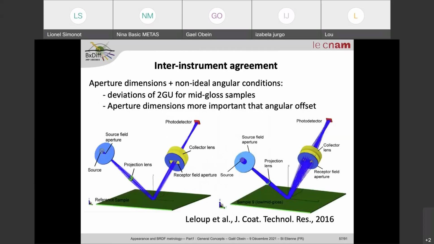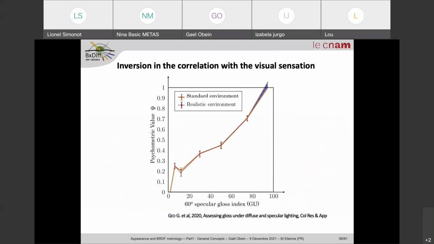It comes mainly because the rectangular apertures are too large, and in the standard, the definition of the tolerance on the aperture is made in a way that even if you do your best as an industrial and you respect the tolerance, it can give, as shown by simulation, a difference of 2 gloss units already in the standard.